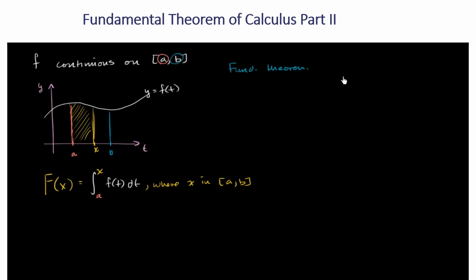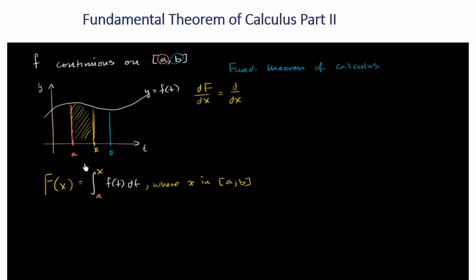Fundamental theorem of calculus tells us that if we were to take the derivative of our capital F with respect to x, which is the same thing as taking the derivative of this with respect to x, which is equal to the derivative of all of this business.